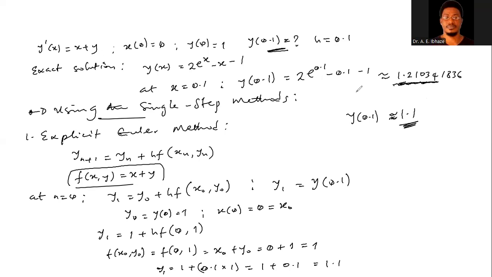And should we consider the local truncation errors for individual steps and get the cumulative error value, then that gives us the global truncation error. Good. So with the explicit Euler method, we have been able to estimate an approximate value for the next step. So let us try another method, the improved Euler method.